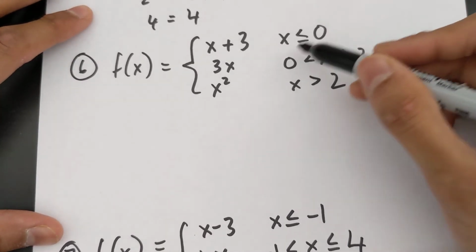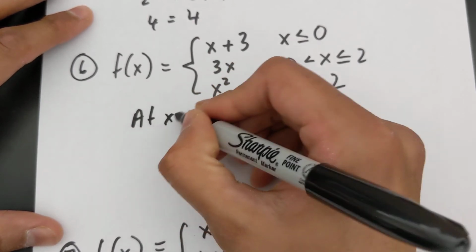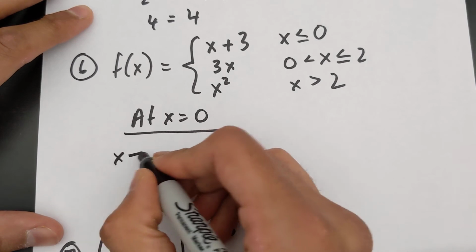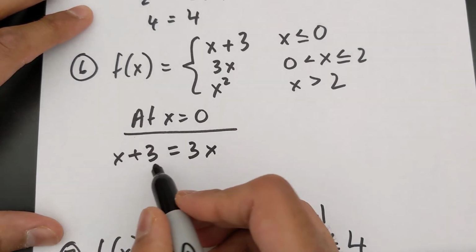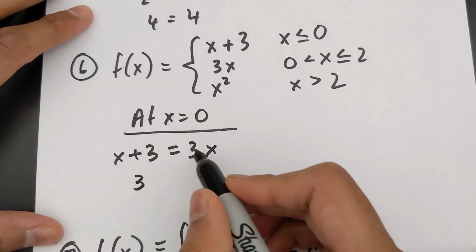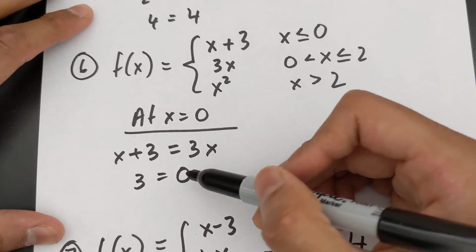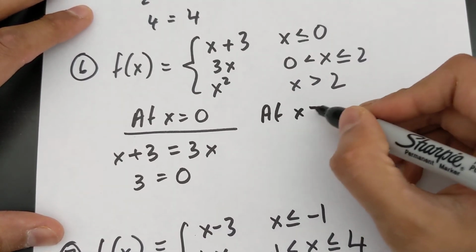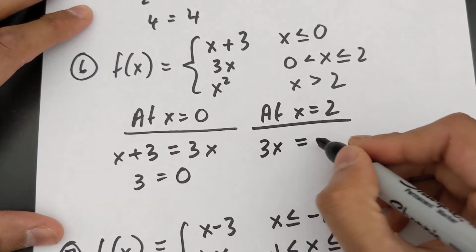Same idea in this one. I have 2 different points where I have to test. I'm going to test first at x equals 0. The first 2 functions, x plus 3 equals 3x. 0 plus 3 equals 3. 3 times 0 equals 0. That's not true, which means that the function is discontinuous at 0. Let's test the second point, x equals 2. So 3x equals x squared.